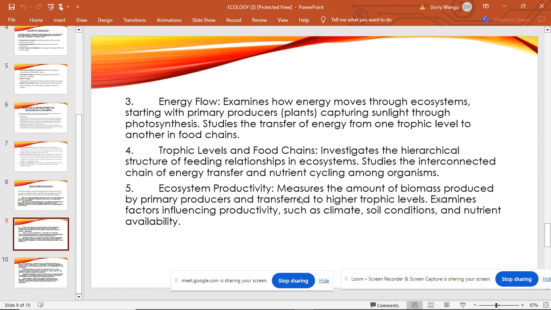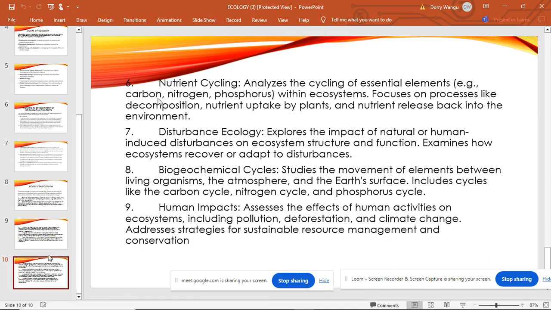Ecosystem productivity measures the amount of biomass produced by primary producers and transferred to higher trophic levels. It examines factors influencing productivity such as climate, soil conditions and nutrient availability. Number six, nutrient cycling: it analyzes the cycling of essential elements, e.g. carbon, nitrogen, phosphorus within ecosystems, and focuses on processes like decomposition, nutrient uptake by plants, and nutrient release back into the environment.